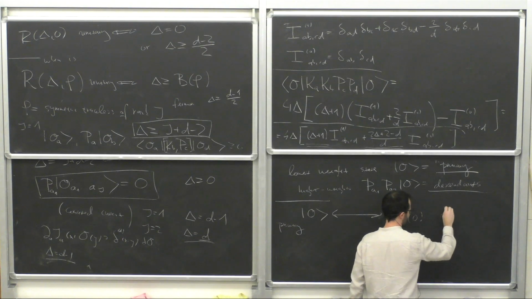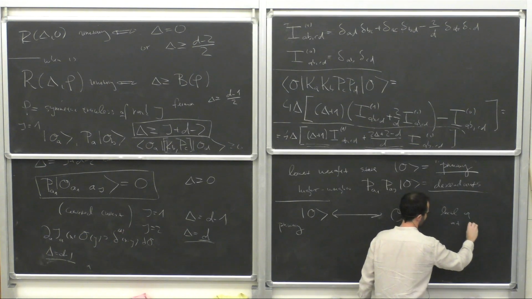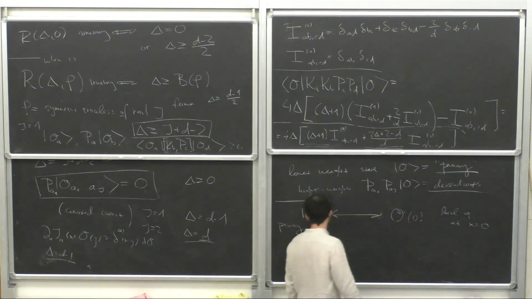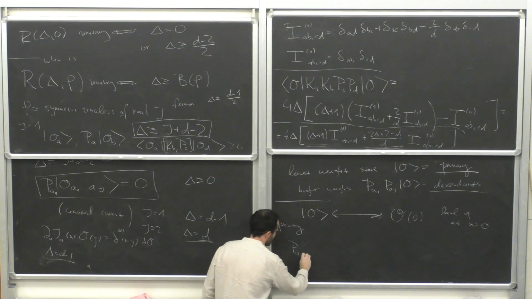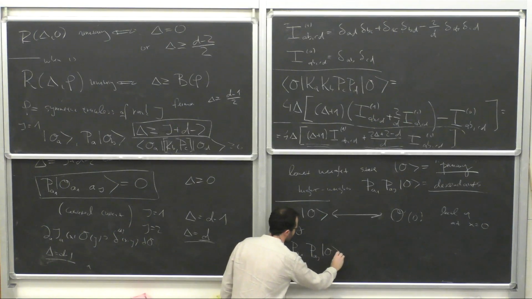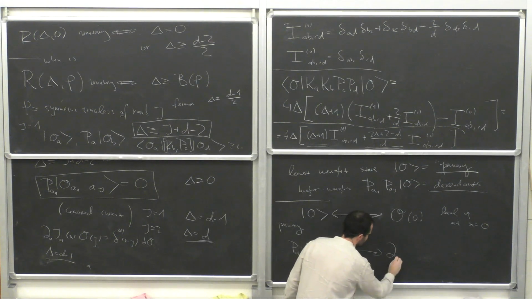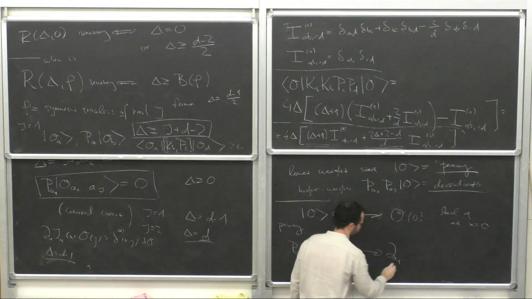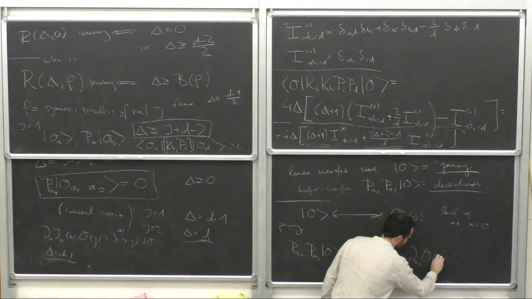So it's a local operator at the origin. And the descendants map to the derivatives of the local operator at the origin.